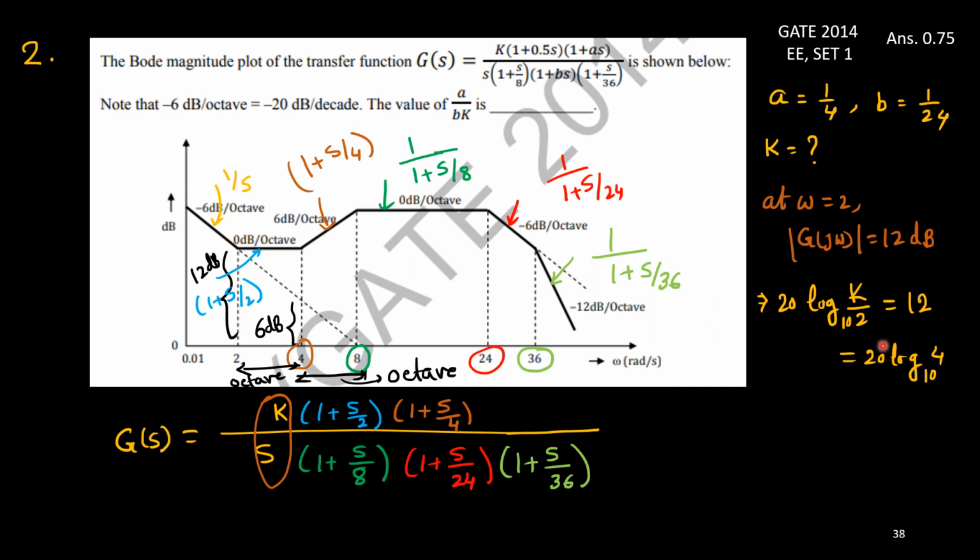You know that 20 log 2 is 6 dB, so 20 log 4 is 12 dB. So that also we can compare. This should be equal to 4, so k by 2 equals 4. So k equals 8.